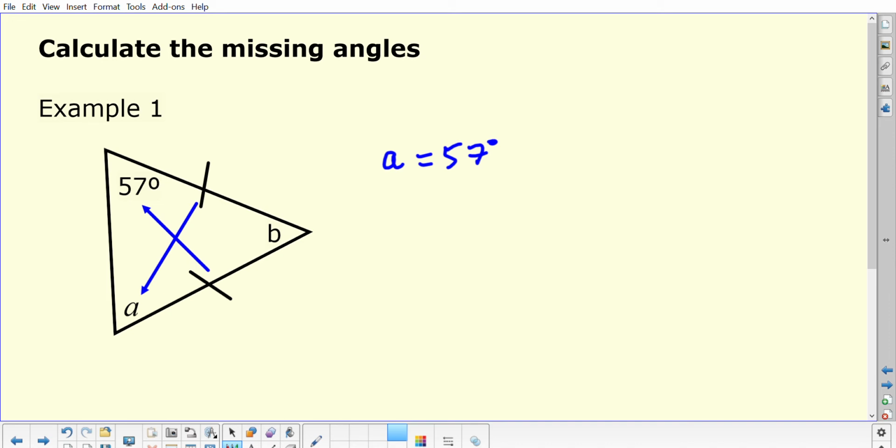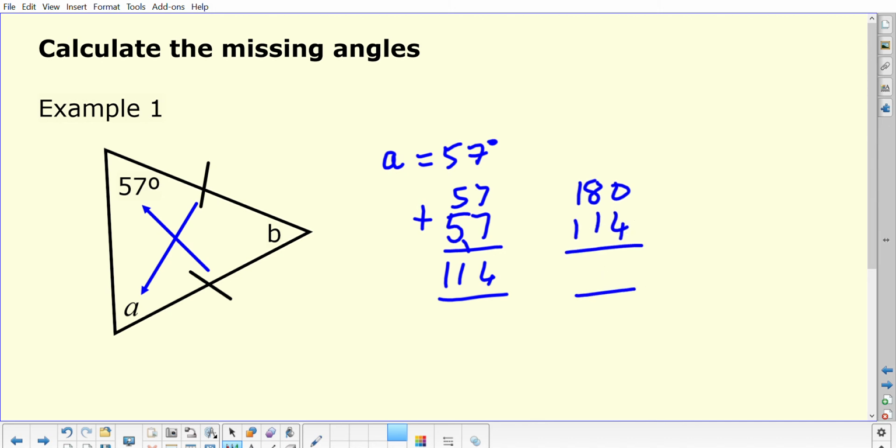If I then add up my two angles of 57 and 57, I have 114 degrees, and if I take that away from 180, the other angle that you've still to get would be angle B, and that would be 66 degrees.